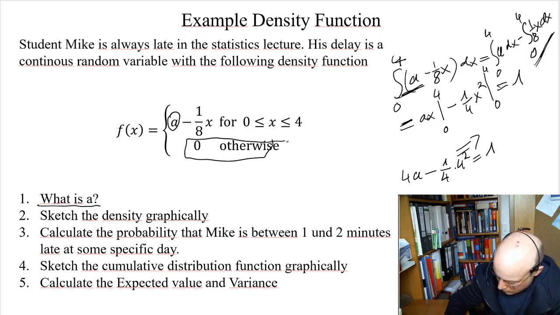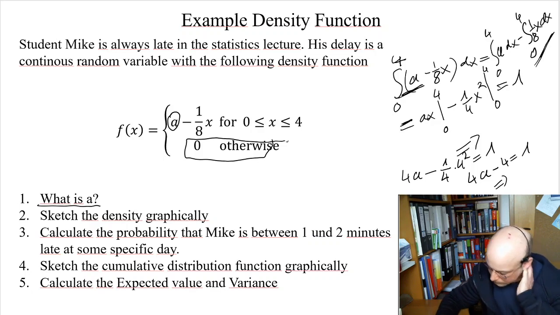So 4a minus 4 is 1. So we obtain, am I right? Hopefully. A is 5 over 4. I thought I had 4 over 3.